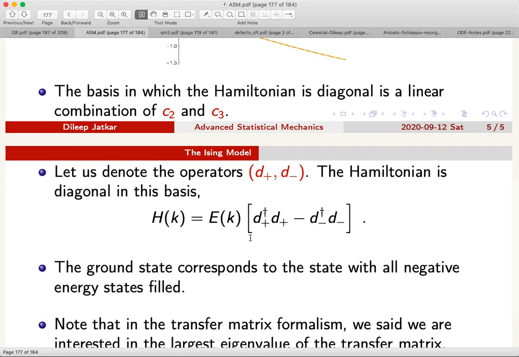So unlike the Dirac equation case, where when you try to fill up the negative energy states, you are filling up from minus infinity to 0, this is not the situation here. Here what we are doing is we are integrating over k from 0 to pi, but fill up states where the energy is minus Ek.